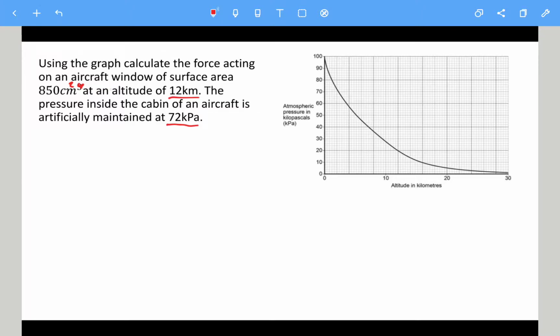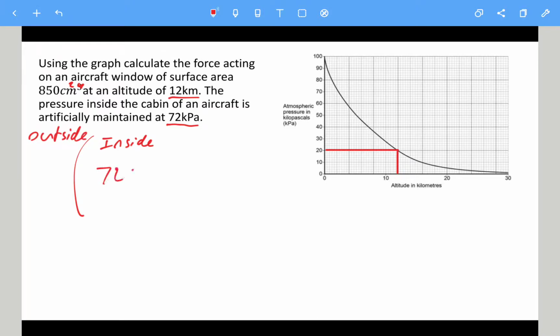So what we can do, we can look at the altitude on the graph. An altitude of 12 kilometers gives 20 kilopascals. So essentially, I'll try and do a drawing. That's inside. Obviously, this is outside.